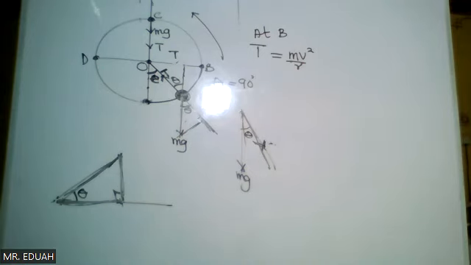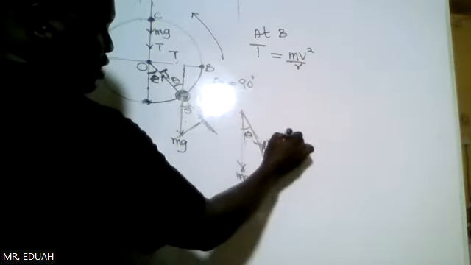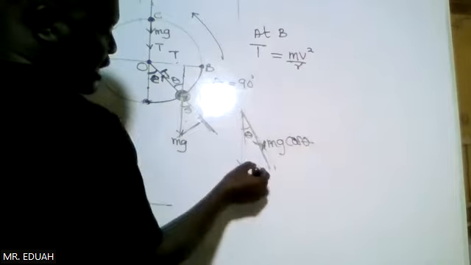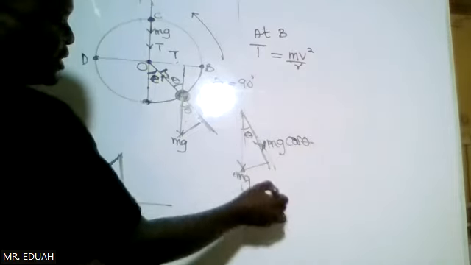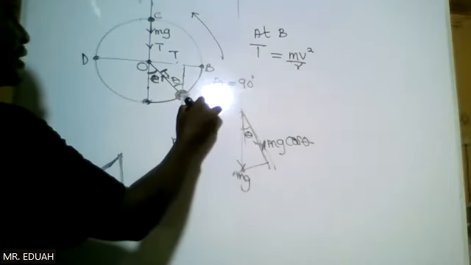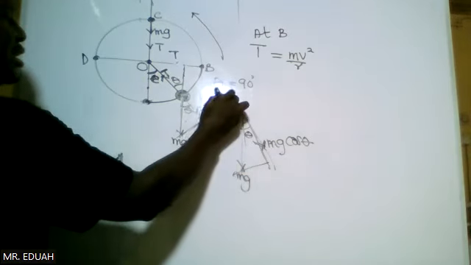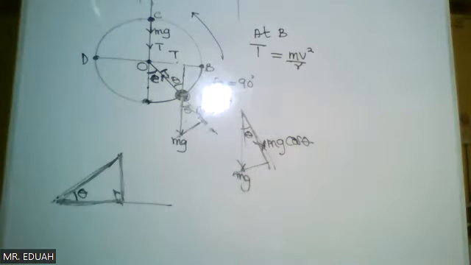Yes, it will be cos. So this side is mg cos theta, and the opposite becomes mg sine theta. So this side of it is giving us mg cos theta.